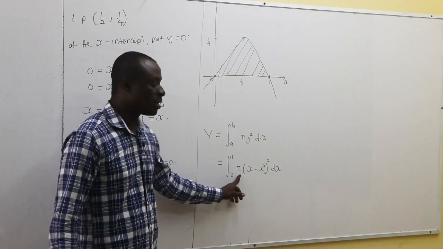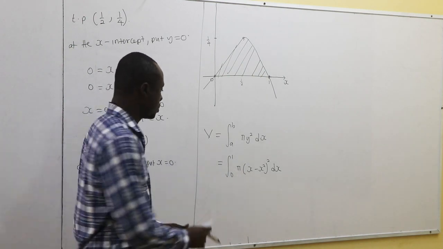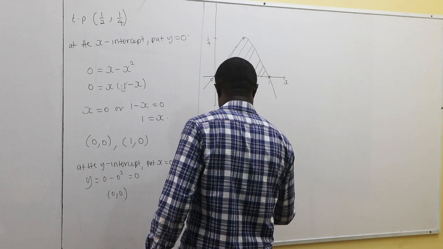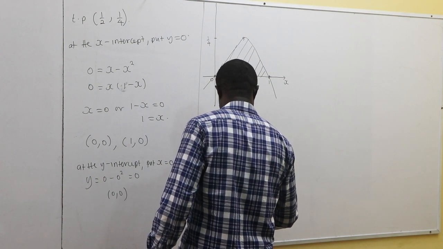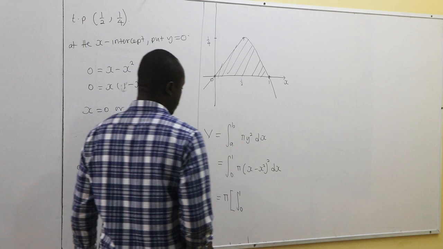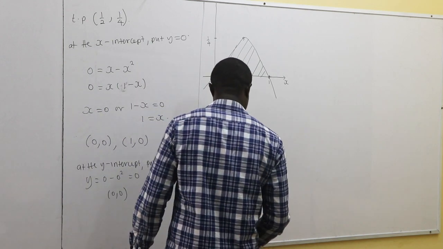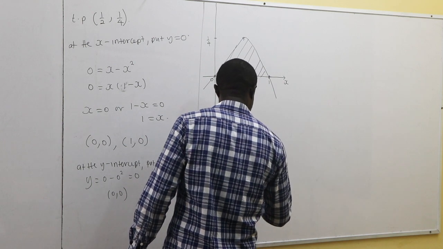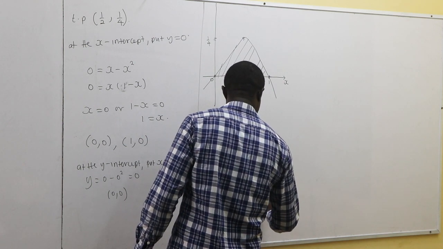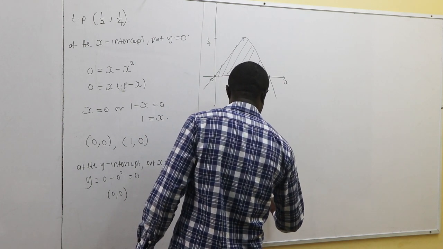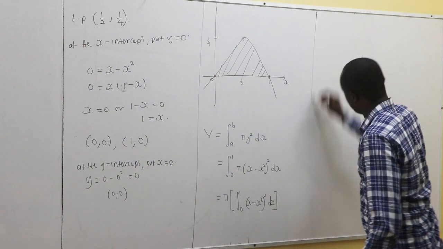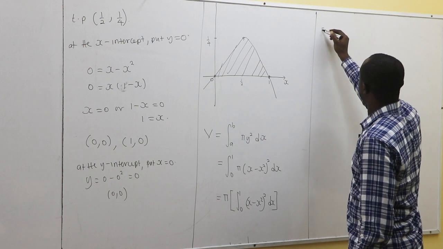Now let's note that this pi is a constant, so the constant can come out. So you have pi over here, and we have the integral from 0 to 1 of (x minus x squared) all to the power 2 dx.